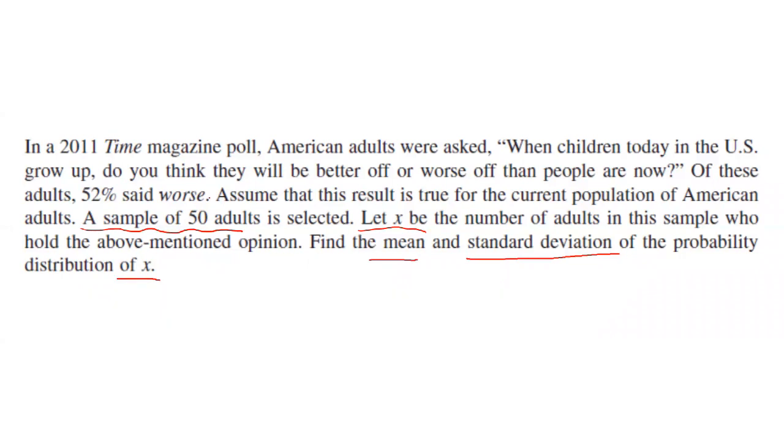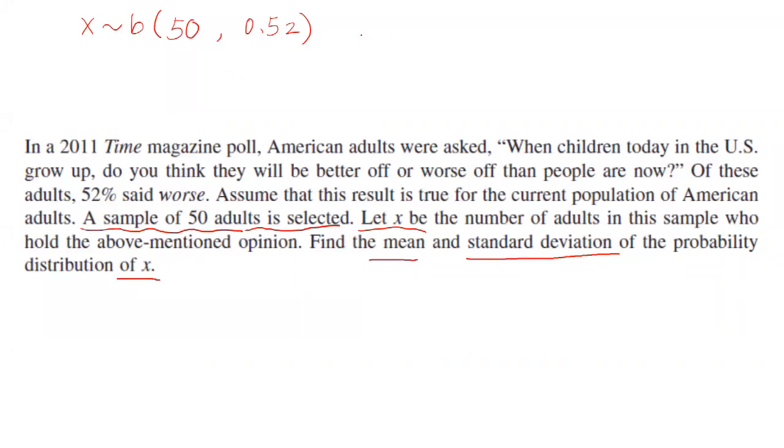In each trial, 52% is the probability of holding this opinion. So X here follows a binomial distribution. N is 50, that means you conducted 50 trials. P here is 0.52. That means for each trial, the probability of having this opinion is 0.52.